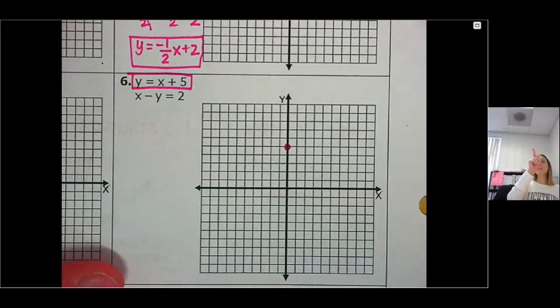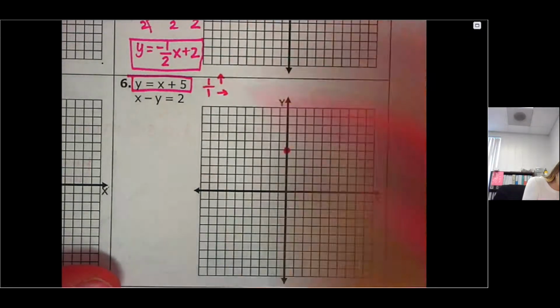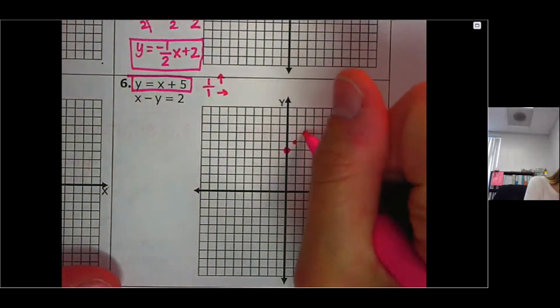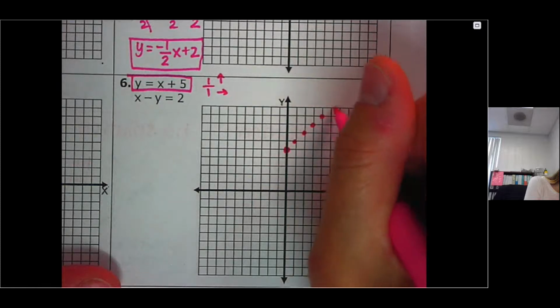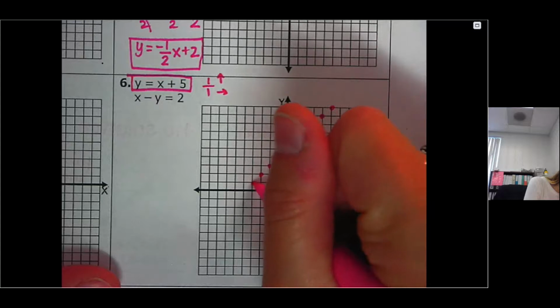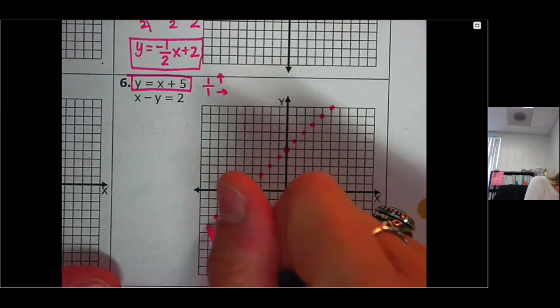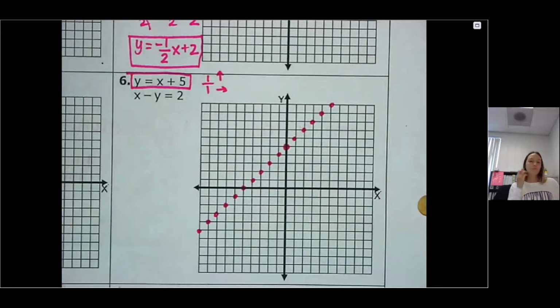Up 1, to the right 1. So +5 is where you're starting, then you're going up 1 to the right 1, up 1 to the right 1, up 1 to the right 1.